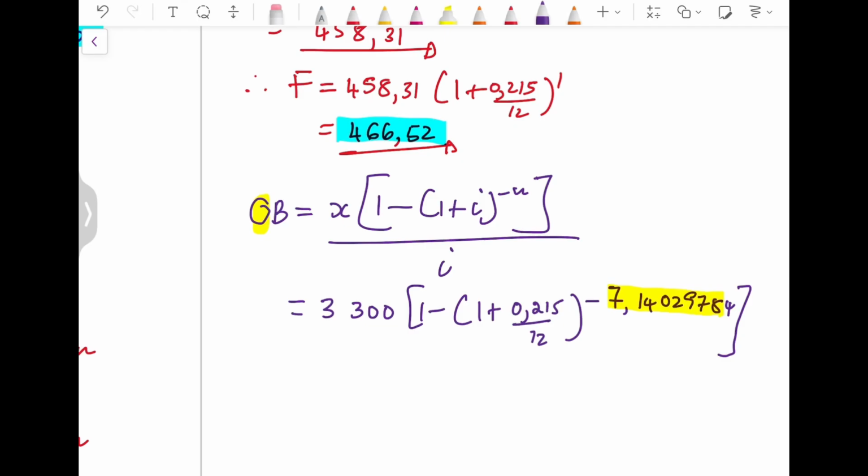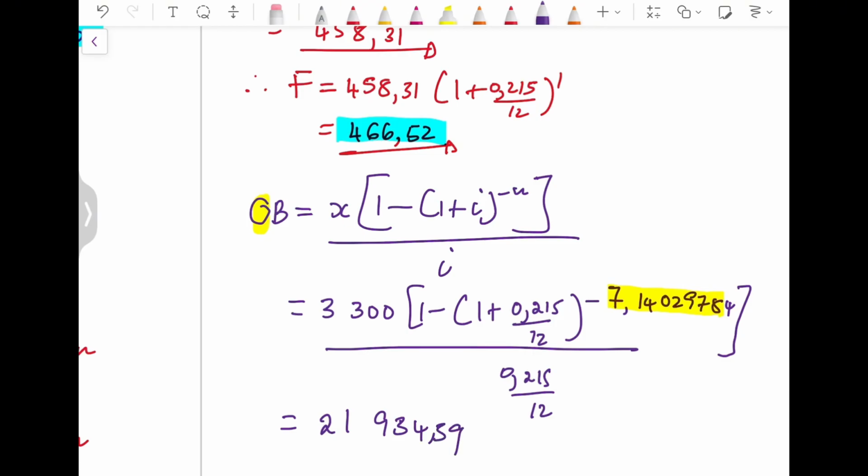So all divided by 0,215 over 12. And then our outstanding balance after the 9th payment is 21,934,39. So, and then we are done with that question.